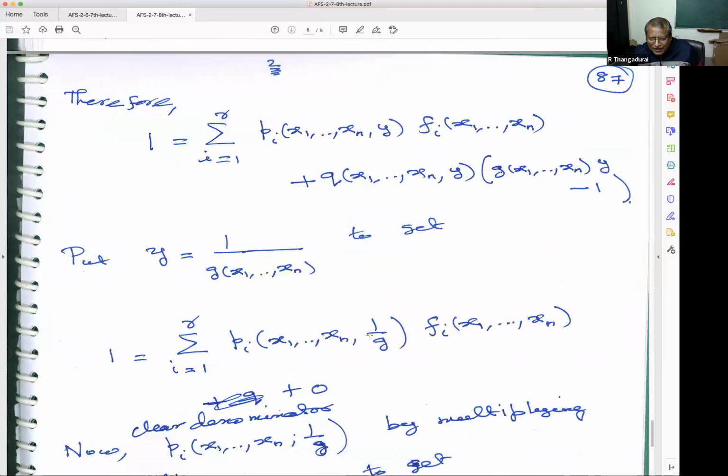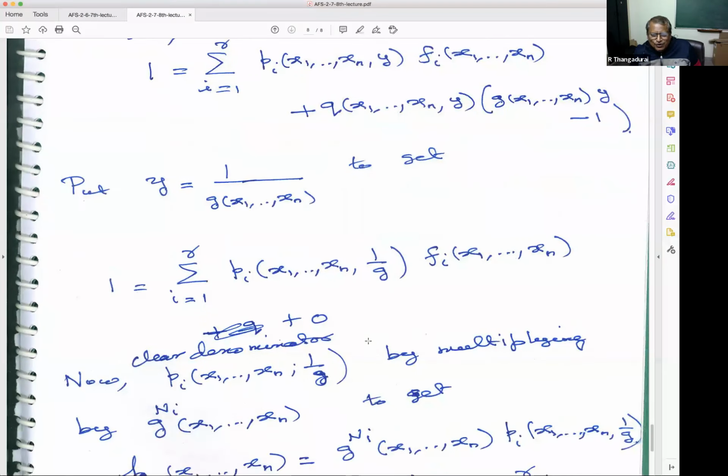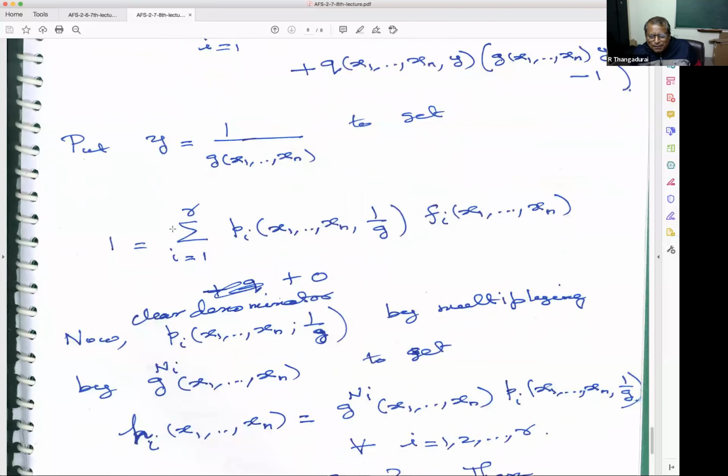So now every pi is a rational function, but the denominator is only g, nothing else, some powers of g. While clearing the denominator, we multiply by the maximum power of the denominator.